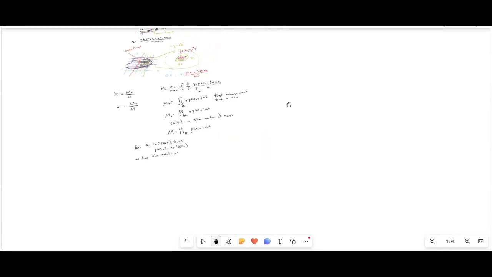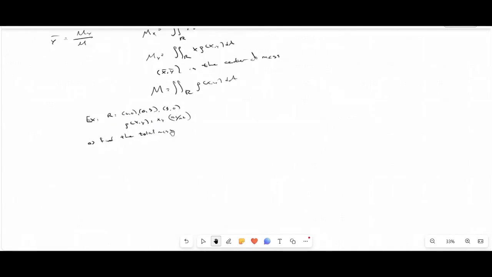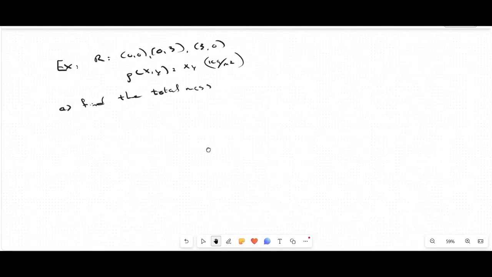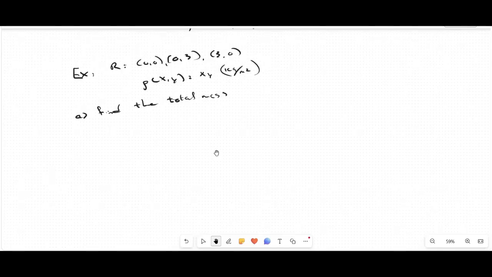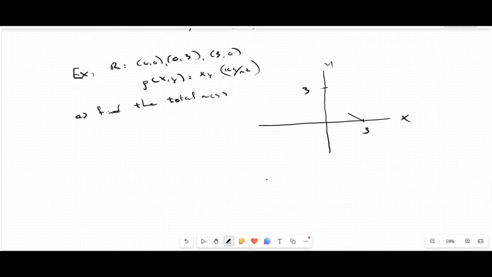Okay, now where is my, oh, it's right there. Okay, so let's just start by finding the total mass. Call that three. Call that three. So here's the triangular plate that they gave us.